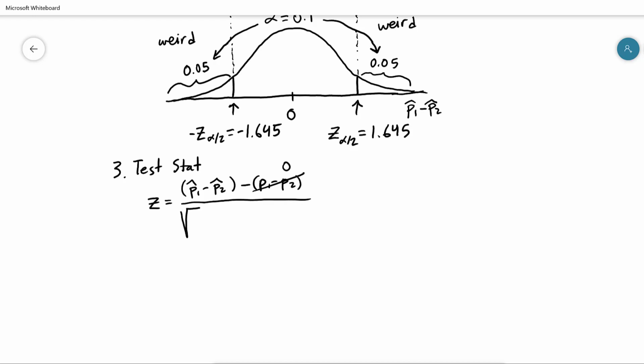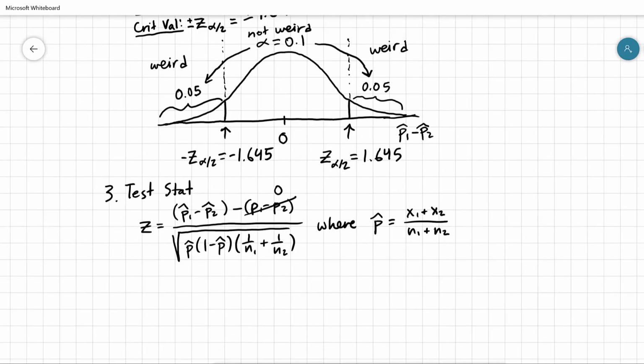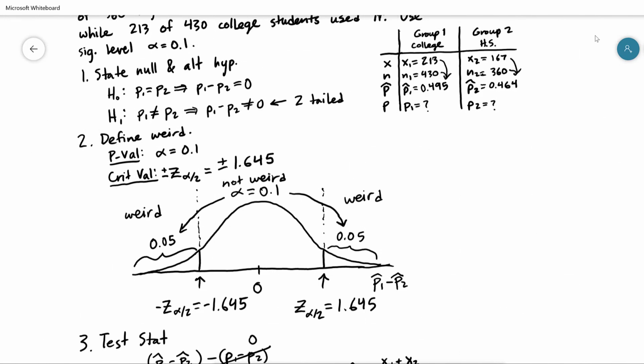And then I'm dividing by P hat times 1 minus P hat times 1 over N1 plus 1 over N2, where P hat is the combined pooled proportion that is x1 plus x2 over n1 plus n2. And so I'm just going to plug all of our values in. I'm just getting all of these values basically from the table up here. So just keep this in mind. Hopefully you have it written down. This is where I'm going to plug all these numbers in down here.